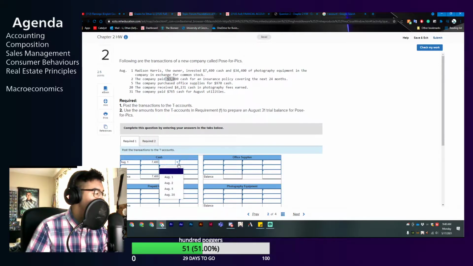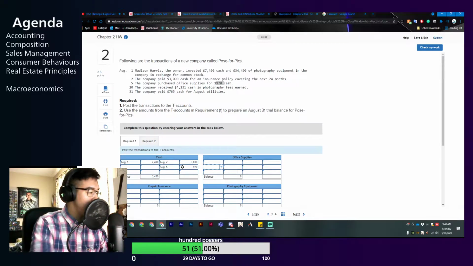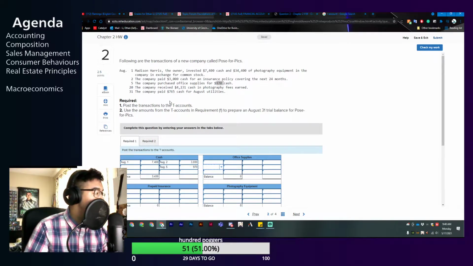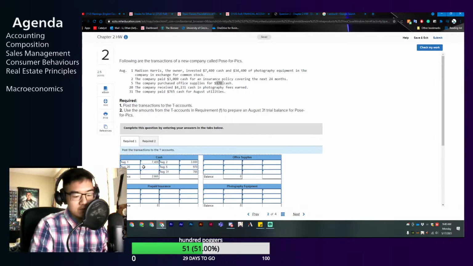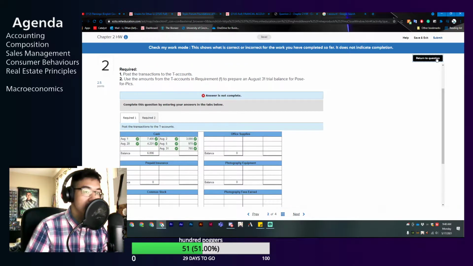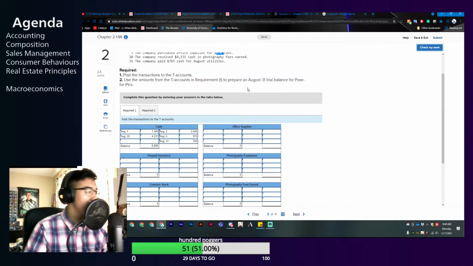Paid 3k. And then office supplies on the 5th for 970. And then on the 31st they paid utilities. Then on the 20th they received 4231. Alright, let's check that to see if we did that right. Nice, okay. I feel a lot more confident about this now. Office supplies.